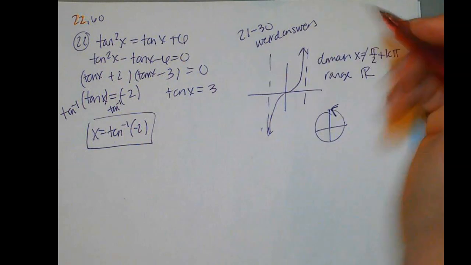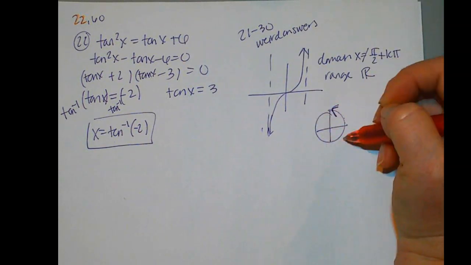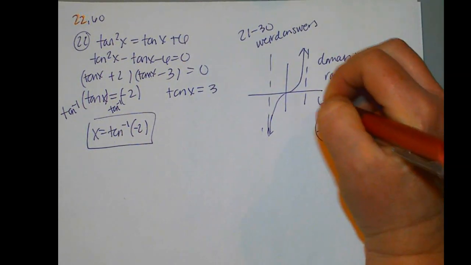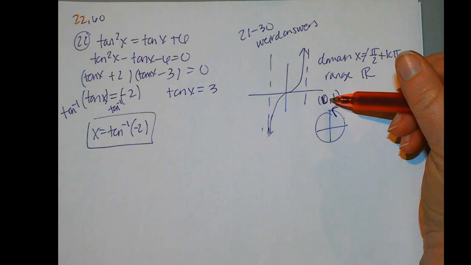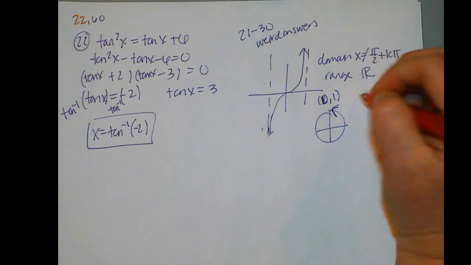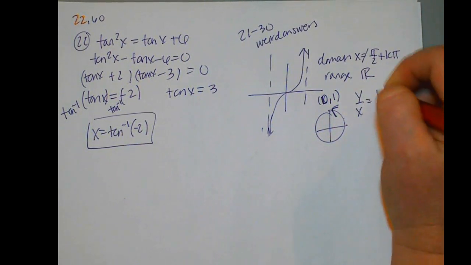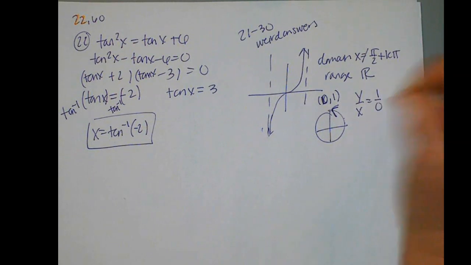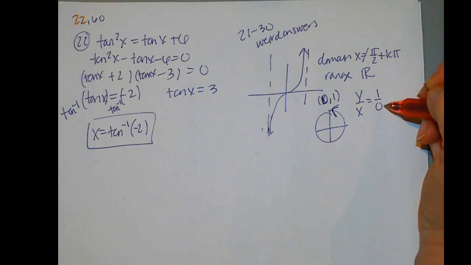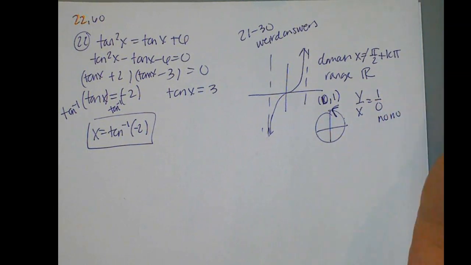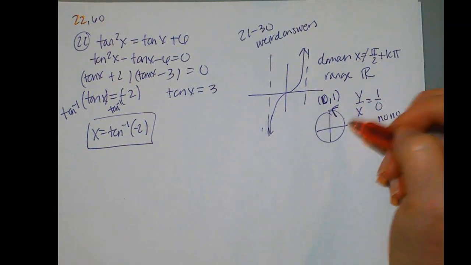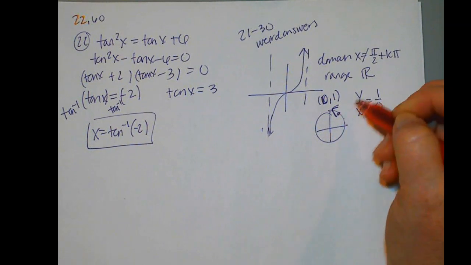Hopefully you can. As we go around the unit circle, as we get closer and closer to pi over 2, where the value of cosine is 0, right? We're getting closer and closer to this. We can't ever get here. We're not allowed to get here. This is a no-no.